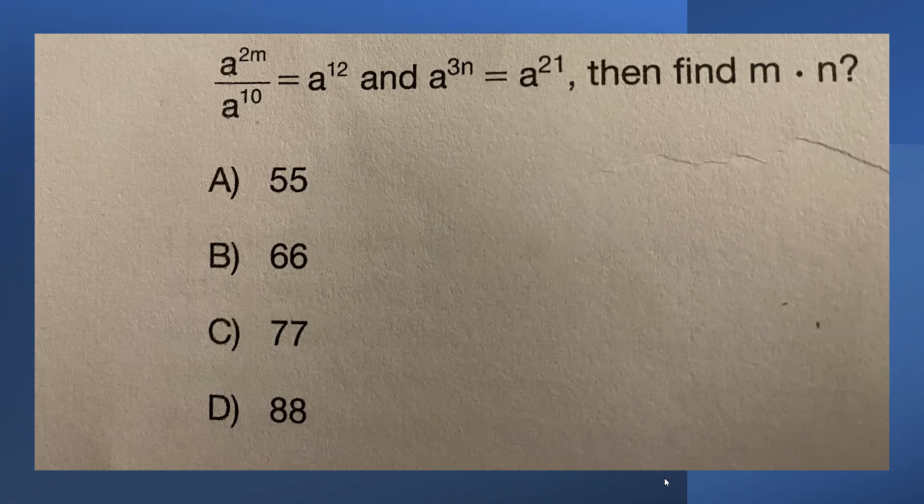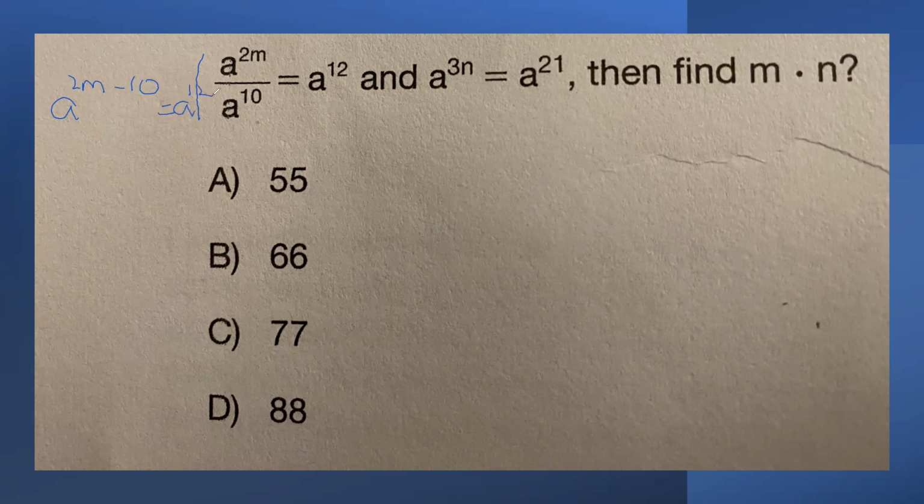Okay, so a to the 2m over a to the 10. Whenever we have exponents with the same base a, we're going to keep the base and subtract the exponents. So this is going to be a to the 2m minus 10, because the 10 is in the denominator, is equal to a to the 12.